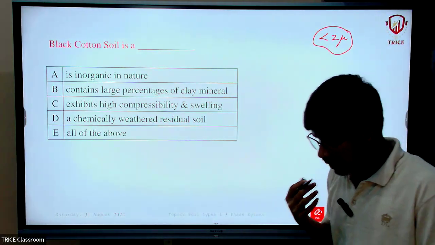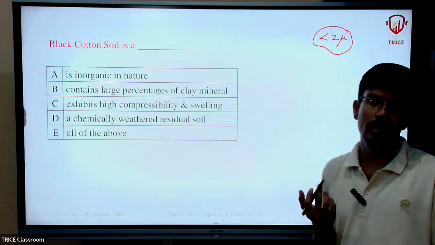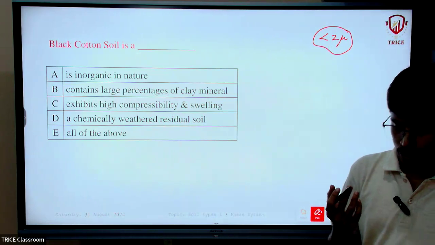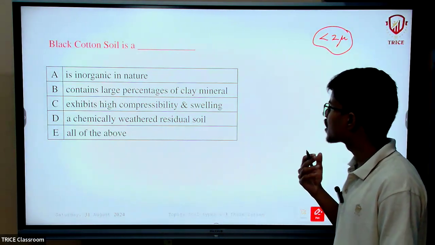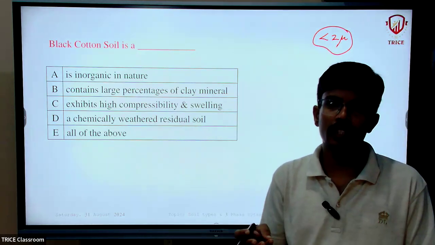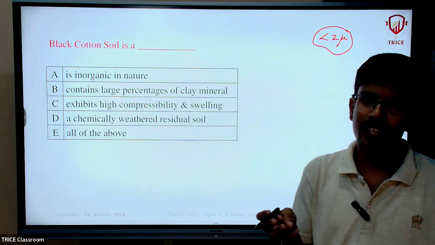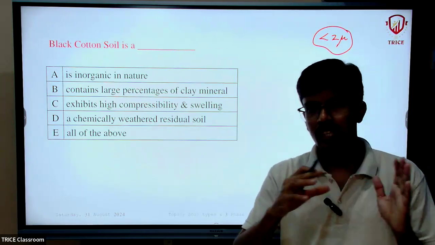Okay, so clay soils are completely inorganic soils without carbon, right? They are inorganic in nature, and contain a large percentage of clay minerals. It may be montmorillonite clay mineral, it may be kaolinite, illite, smectite, or halloysite. Like that, we have different clay forming minerals.